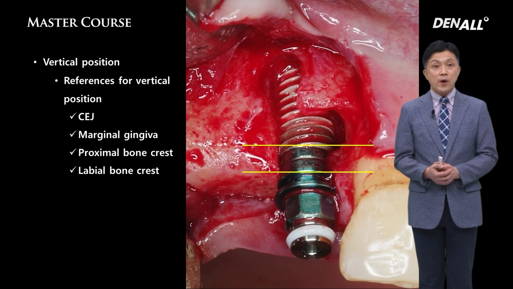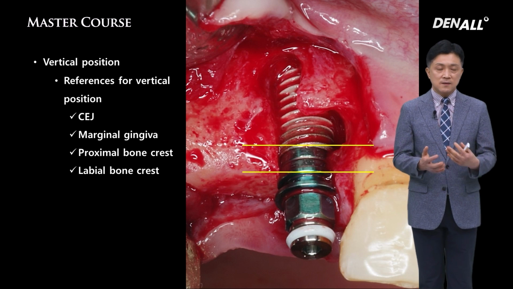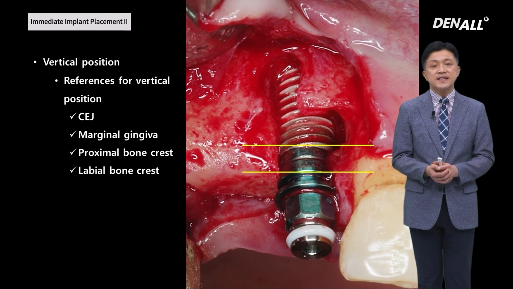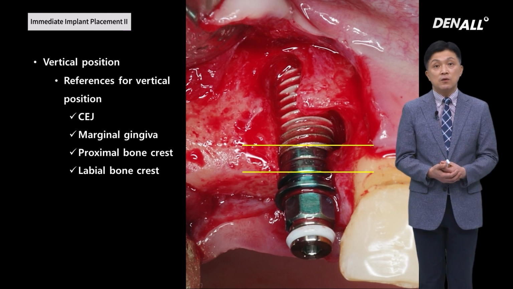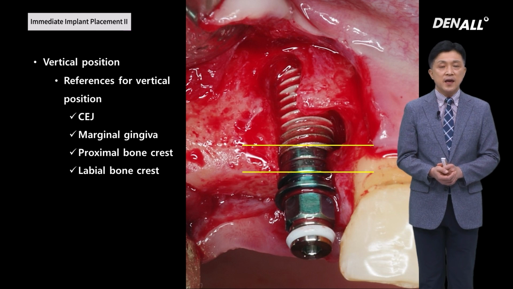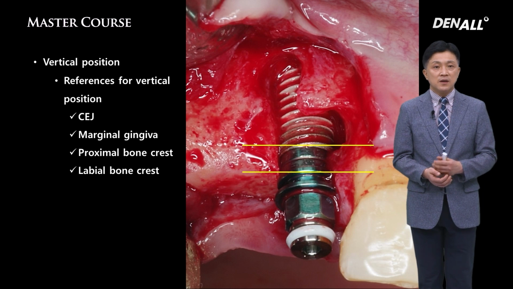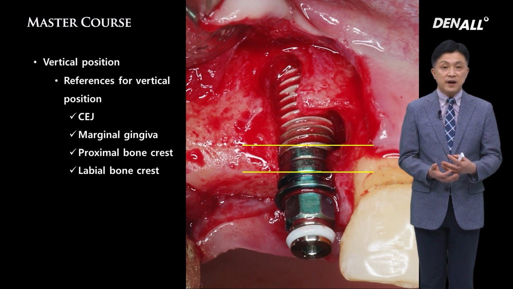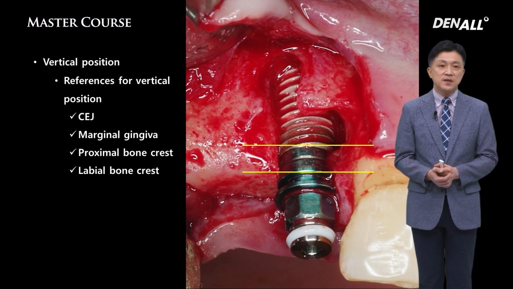If you look at this case, in the first one, the CEJ of adjacent teeth, if there is a gingival recession in adjacent teeth, the CEJ of adjacent teeth is exposed, so this is not a stable reference point. In the case of marginal gingiva, when we elevate the flap, you cannot reference it.